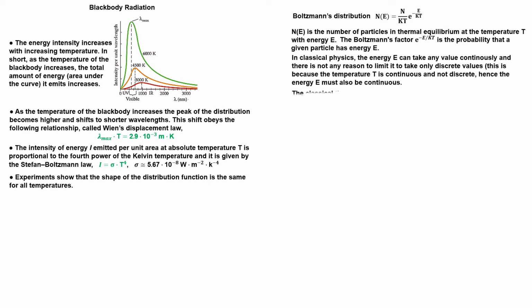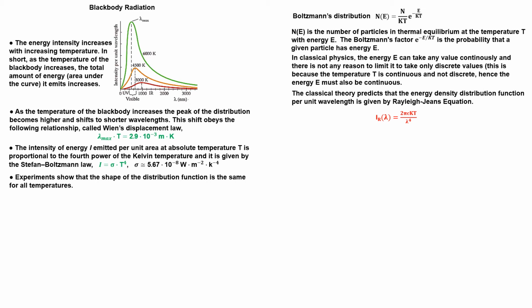We will not perform the calculations here, but the classical theory predicts that the energy density distribution function per unit wavelength is given by the Rayleigh-Jeans equation. At large wavelength, this formula agrees quite well with the experimental results shown in the figure, but there is serious disagreement at small wavelength.